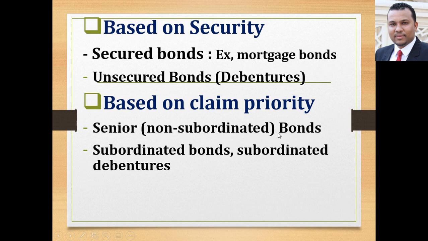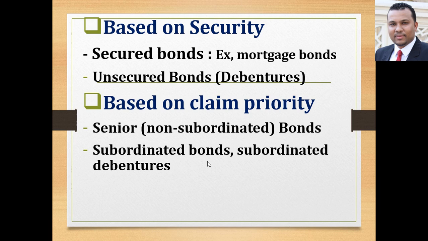So we can talk about non-subordinated bonds. The next classification: subordinated bonds. In case of subordinated bonds, the holders have a lower priority claim in case of default or liquidation of the corporate.